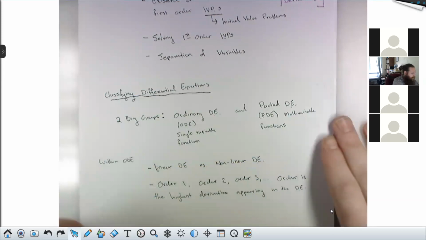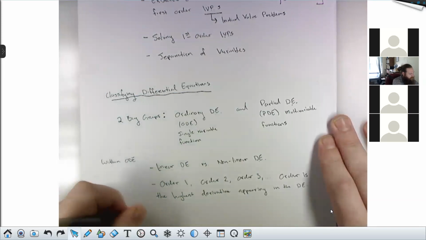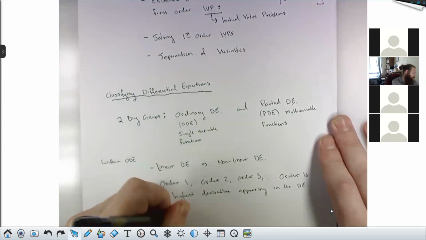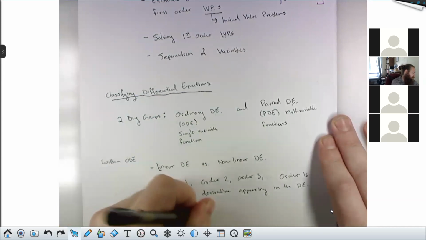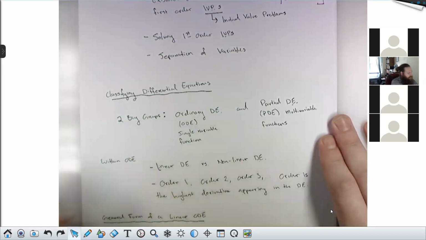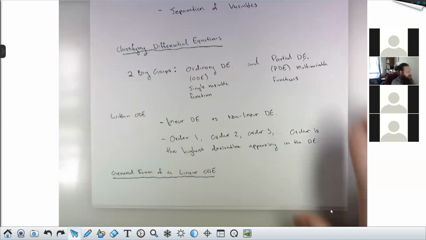The general form of a linear ODE, you can write it in terms of the Leibniz notation. That's what you saw in the textbook and in the notes the other day.